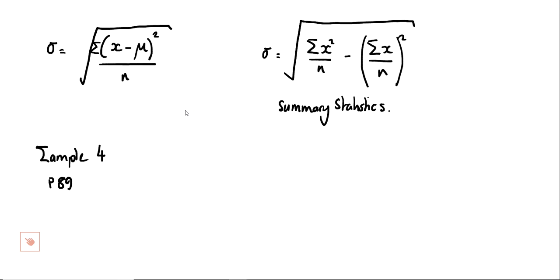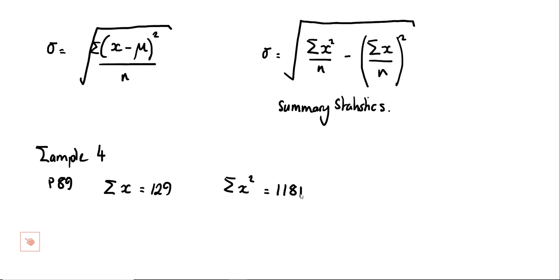The summary statistics are the sum of his runs is 129 and the sum of them squared is 1,181. Find the mean and standard deviation of the times taken for this ski run.